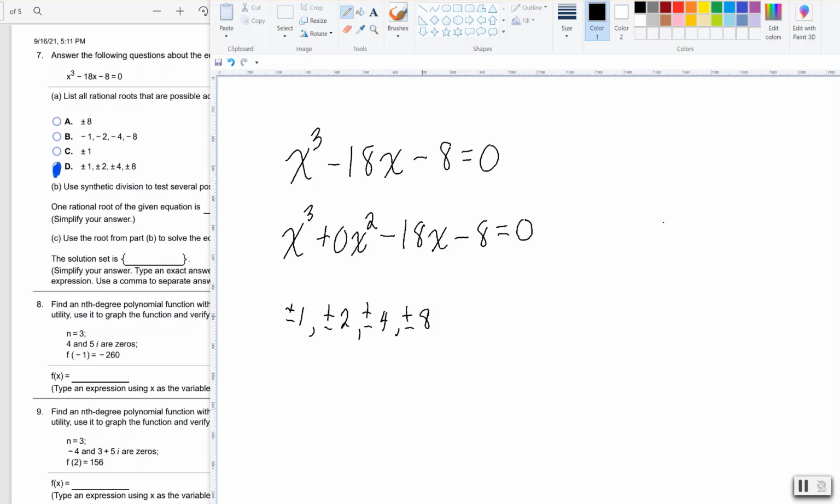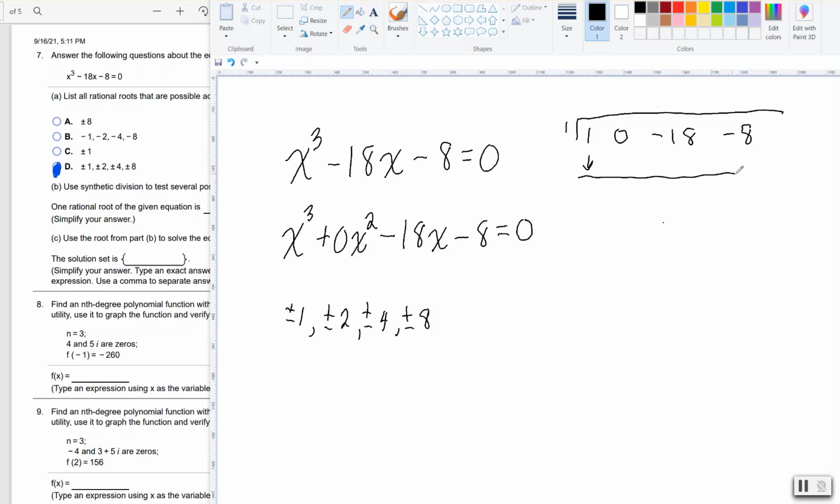Now I'll use synthetic division to test these to see if any of these are actually zeros. I'll start with 1. I put my coefficients 1, 0, negative 18, and negative 8. That 0 needs to be there to keep your alignment right.